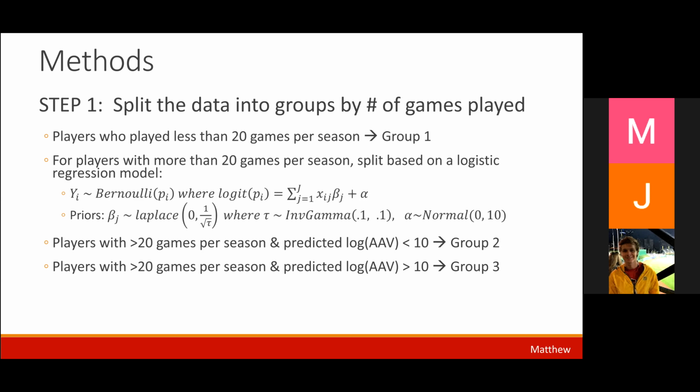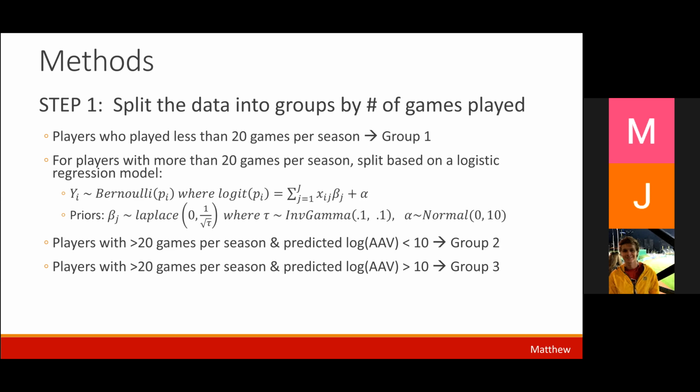Finally, the third group is the one that most people recognize, the superstars or the really significant role players. We wanted to split the players into those three groups mainly because we found that if we included the statistics for all three groups together, it would end up biasing each and cause the model to not be able to predict as accurately. So we decided to predict within the groups instead.